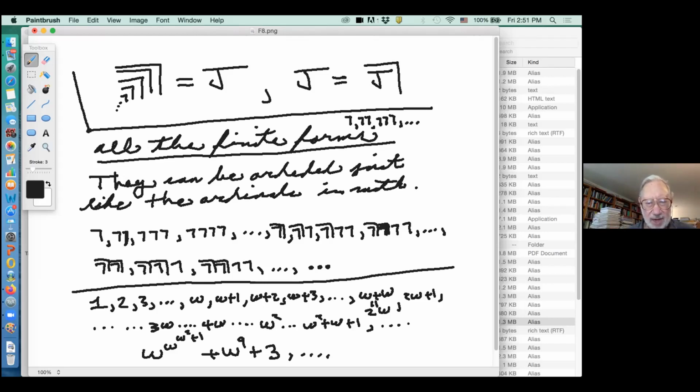But these all look like ordinary arithmetic expressions involving omega, ordinary algebraic expressions with lots of omegas in the exponents. And what I'm going to show you is that these can be matched exactly with these, so that the set of all finite forms, in the sense of putting a form inside a form in these nested boxes and next to one another, correspond precisely to the transfinite ordinals.